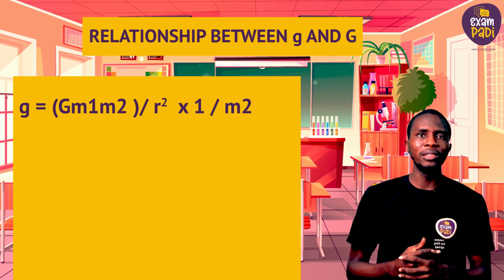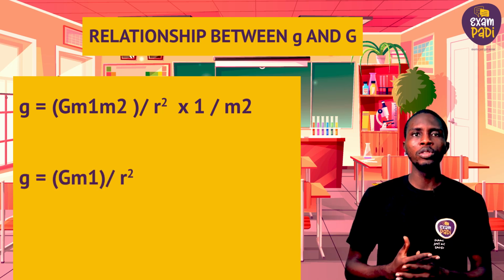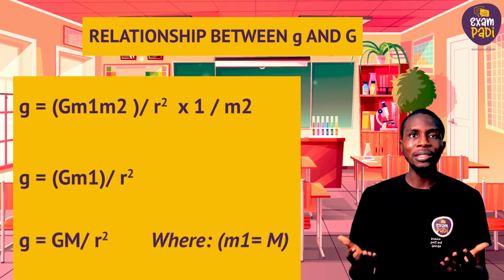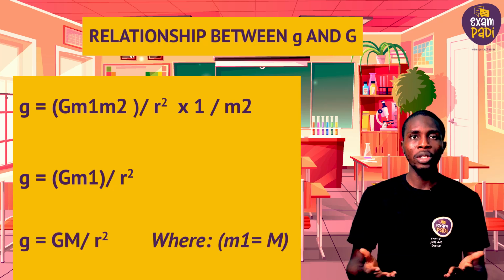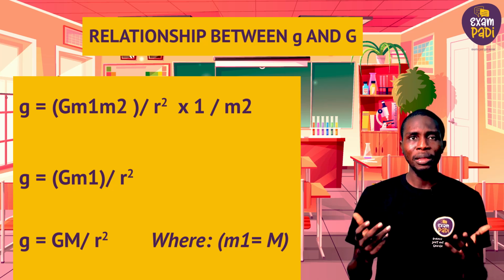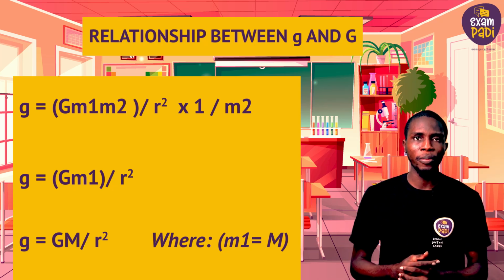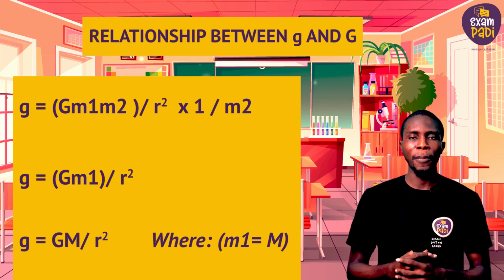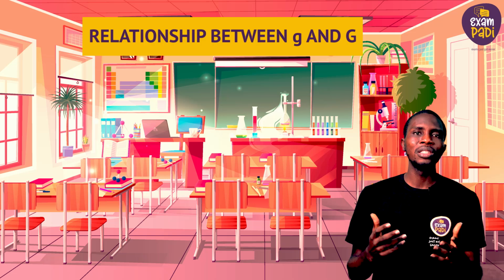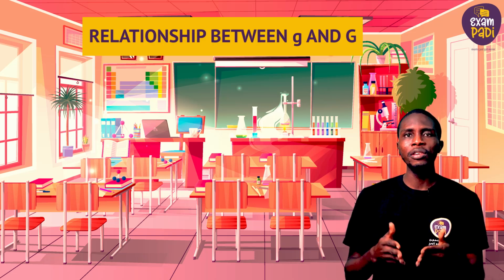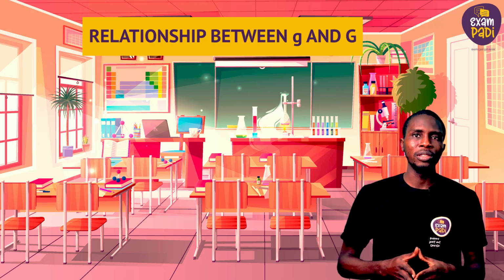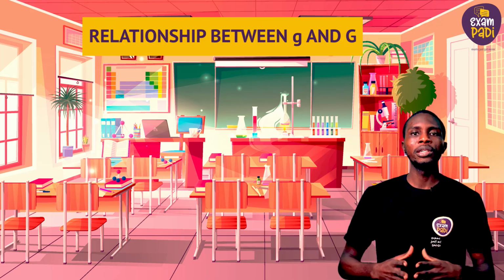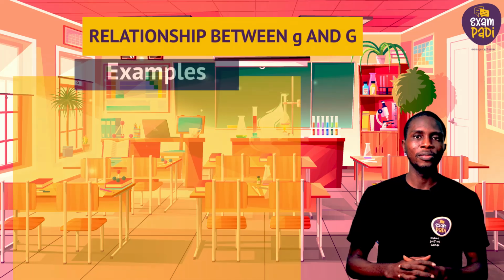Dividing both sides by m2, we have g = Gm1/r². Therefore, acceleration due to gravity g equals the gravitational constant G times M divided by r², where m1 is the same thing as M. Note that m1 is the mass of the body exerting the force on the other unit, e.g. the Earth.